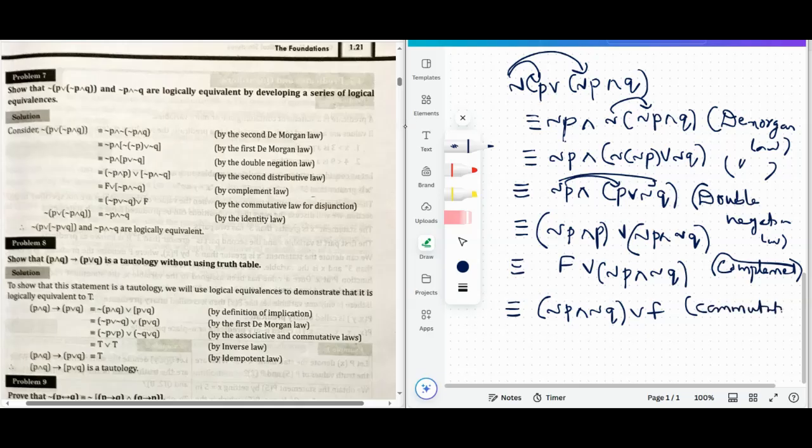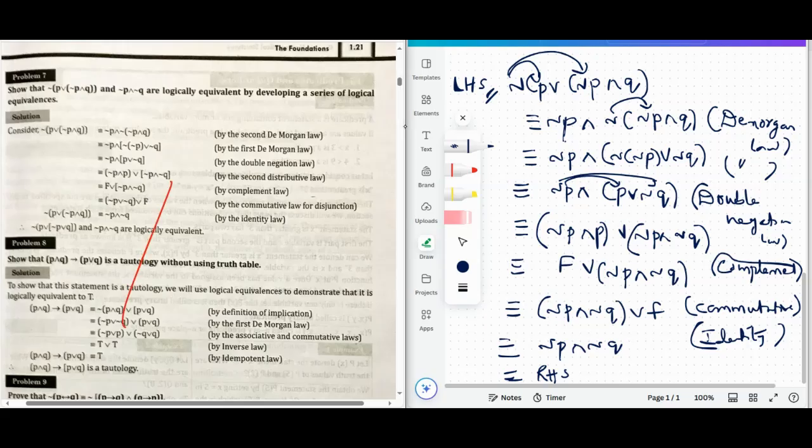Then the last one, negation P and negation Q or F, by using the identity law we can write this as negation P and negation Q, which is your RHS. So you started with LHS and proved RHS, hence it is proved without using the truth table. You can prove it in this manner also.